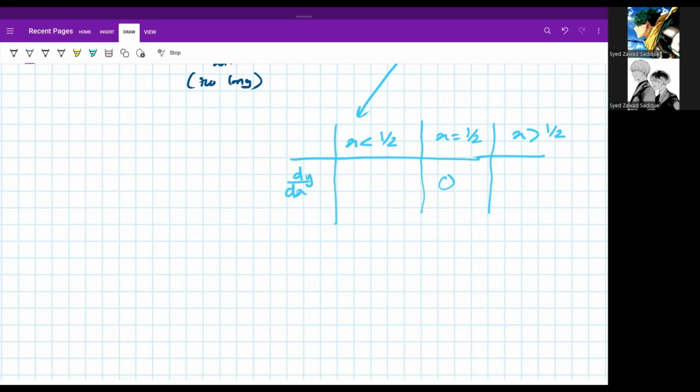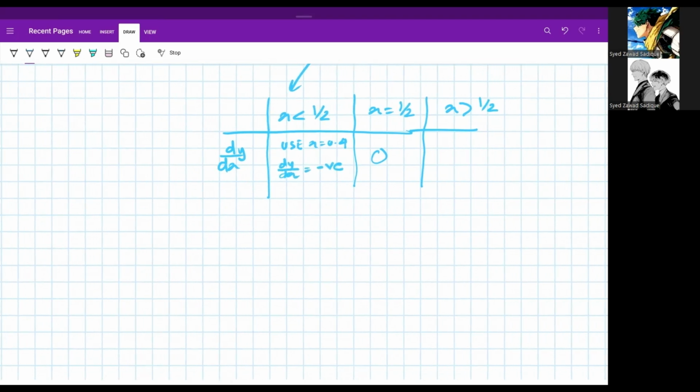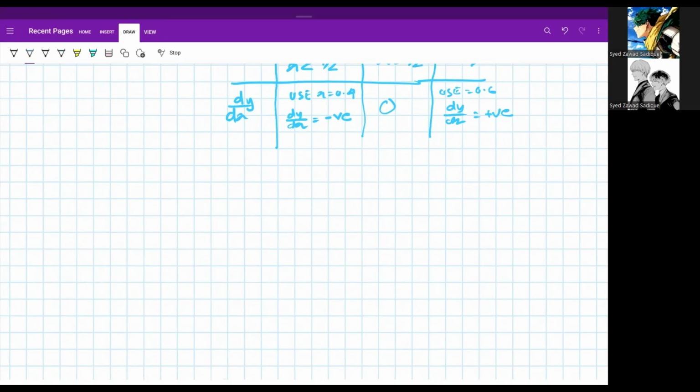When x is less than half, let's use x is equals to 0.4, then we get dy by dx is negative. And if we use x is equals to 0.6, we get dy by dx as a positive value. You can check this. And then finally, there's one more. We have to draw another segment of this table. We call this shape.